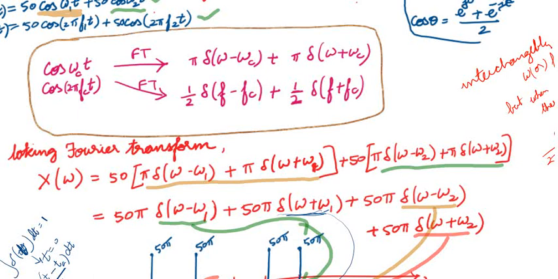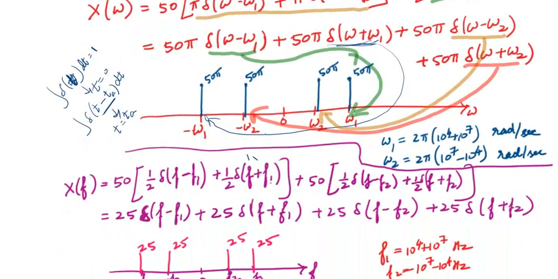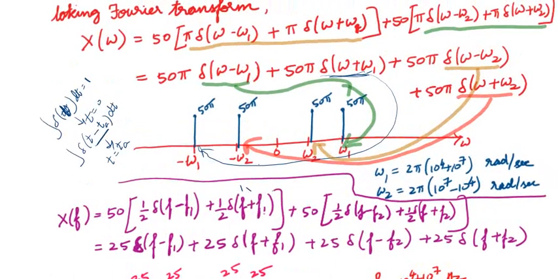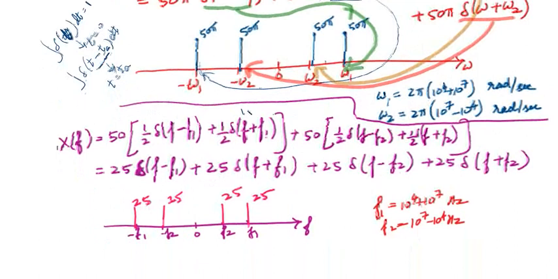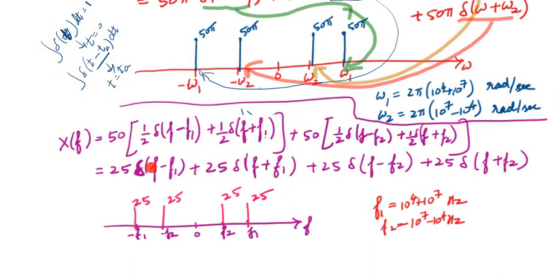So if you are dividing everything by 2 pi, what happens? Pi will get cancelled. We have only 2 in the denominator, right? So in terms of f, I can write it like this. Looking at the first term, when f is equal to f1, this corresponds to this term.